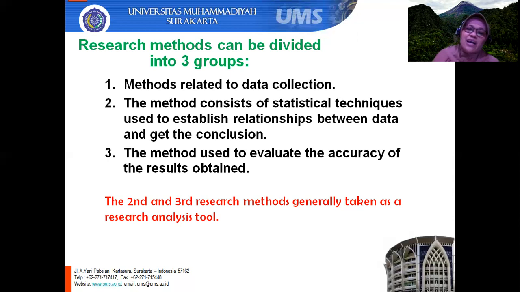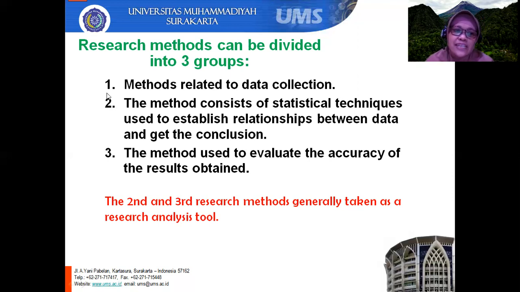After that, we also have the methods to evaluate the accuracy, or the validity and reliability of the system, and also of the questionnaire instrument. We must make it valid and reliable.